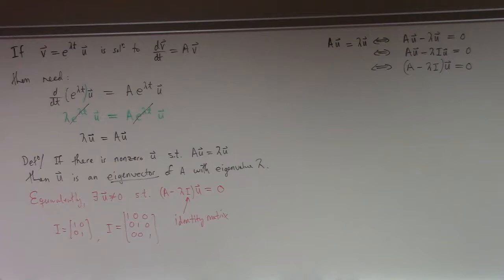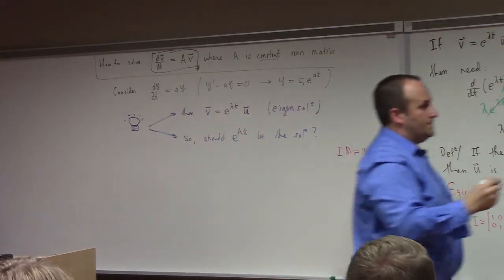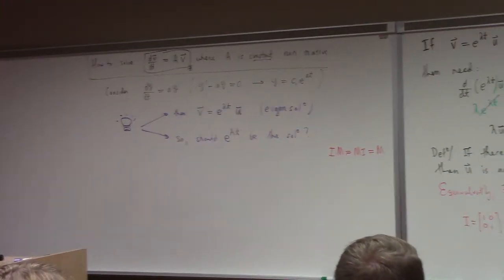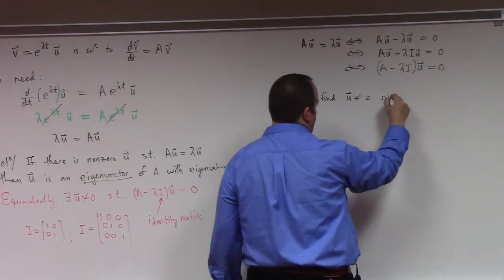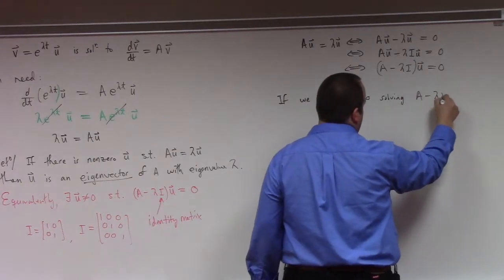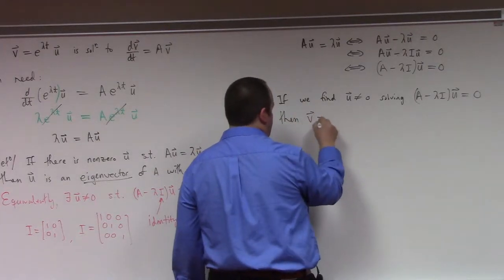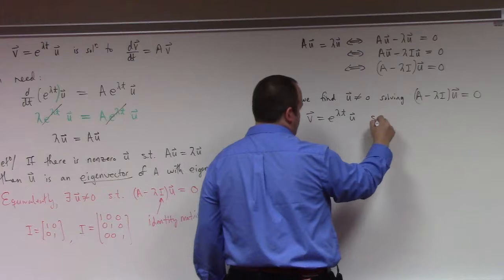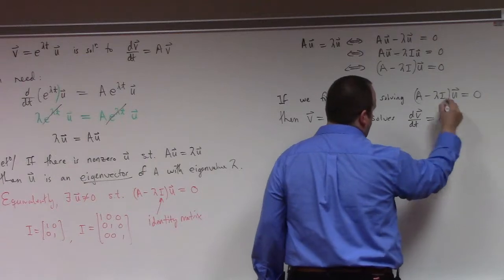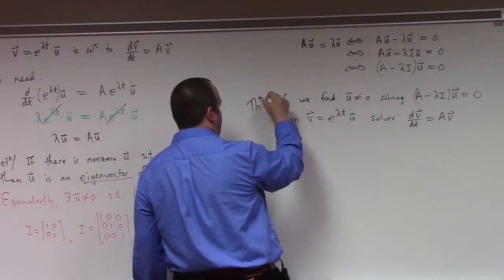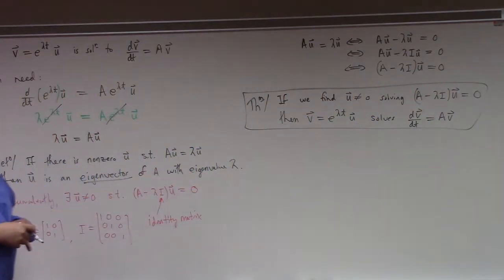So to solve this equation, let me call it star, if we find u not equal to 0 solving (A minus lambda I) u equals 0, then v equals e to the lambda t u solves dv/dt equals Av. So this is a theorem. And such a solution is called an eigensolution. Okay?